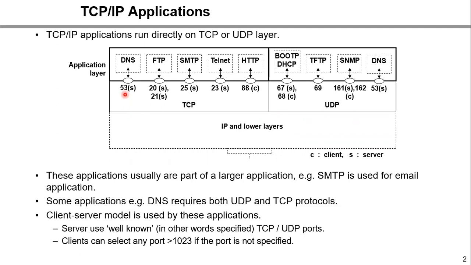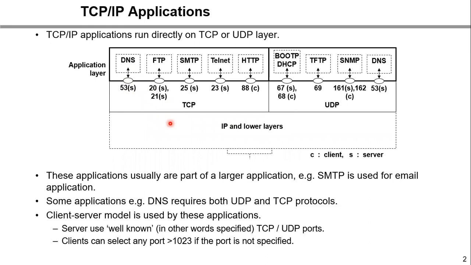So you cannot assign these port numbers to any other protocols or any other applications. So these are fixed. So 53 server uses DNS and so on. And these numbers are fixed till 1024 port number.